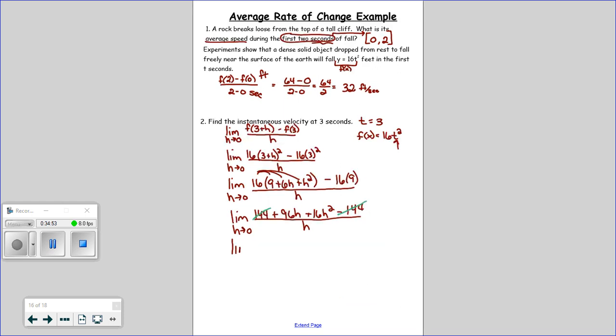So pull that h out front, leaving me with 96 plus 16h. And that allows me to simplify out the issue I was having there in the bottom so that I can now do direct substitution. I can plug 0 into the 96 plus 16h, which gives me an answer of 96.